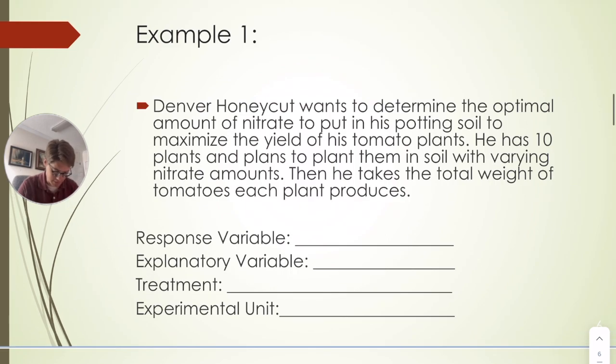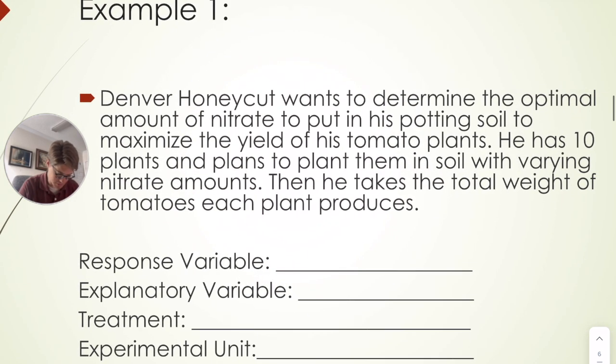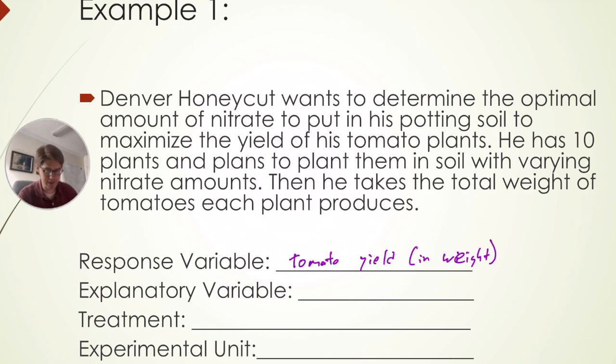So Denver Honeycutt wants to determine the optimal amount of nitrate to put in his potting soil to maximize the yield of his potato plants. He has 10 plants and plans to plant them in soil with varying nitrate amounts. Then he takes the total weight of tomatoes each plant produces. So the response variable here is tomato yield in weight.